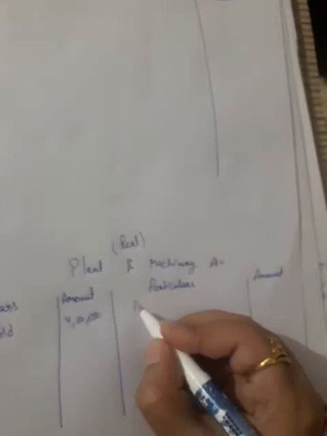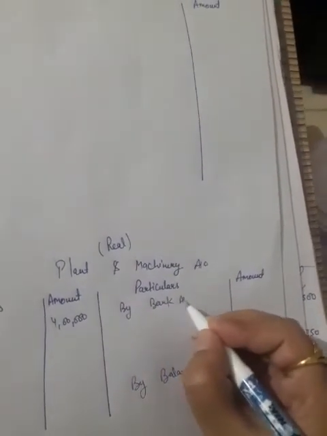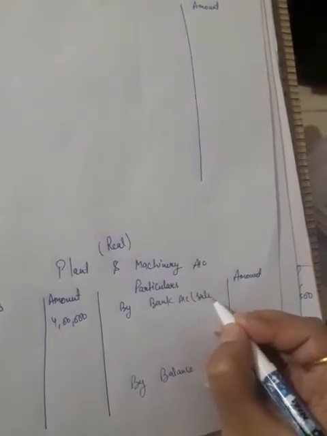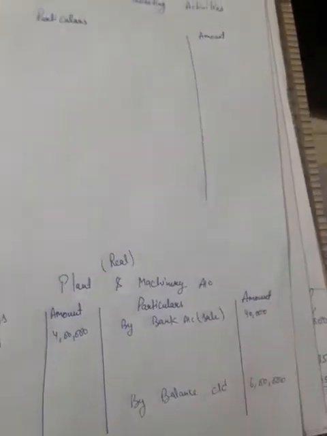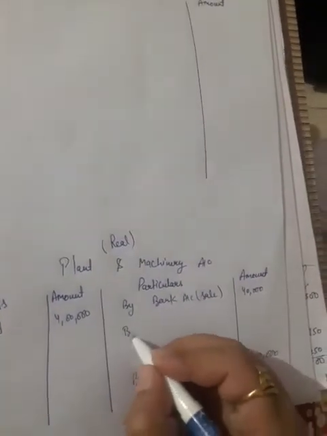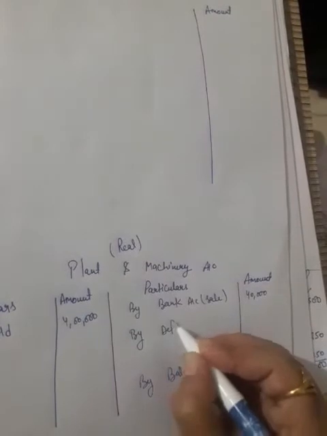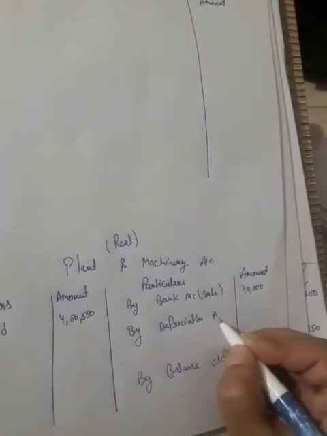Now a part of the machinery is sold during the year for 40,000 rupees, and the depreciation charged on machinery during the year is given as 55,000 rupees.